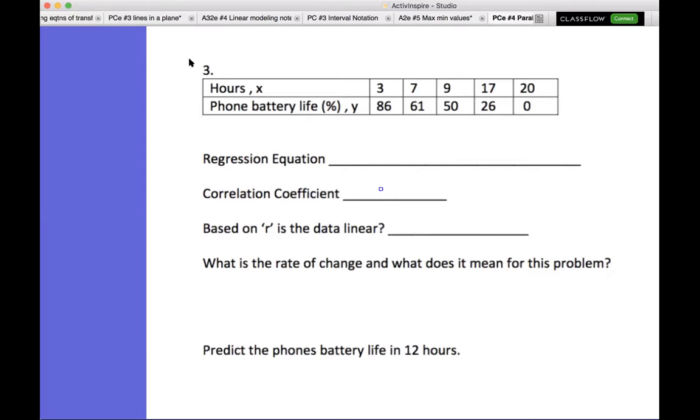If you don't have a calculator, I know that's a long time, but just think about what steps you would take on your calculator.